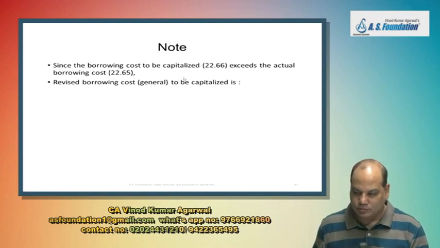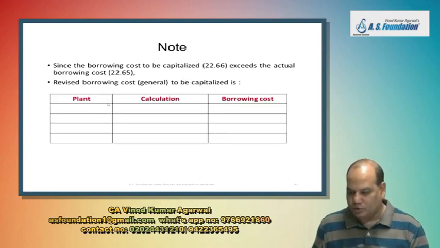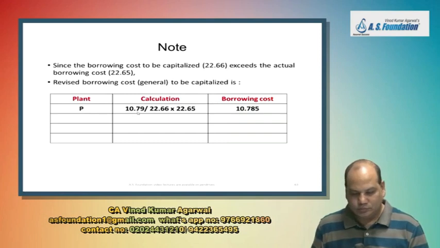Now what you do, draw this small table: plant, calculation and borrowing cost, plant P.